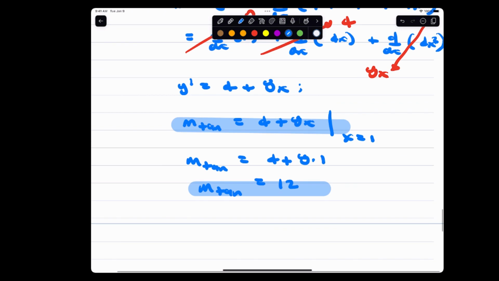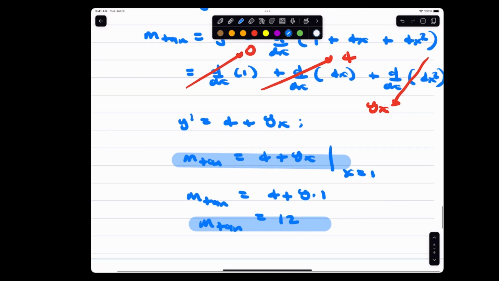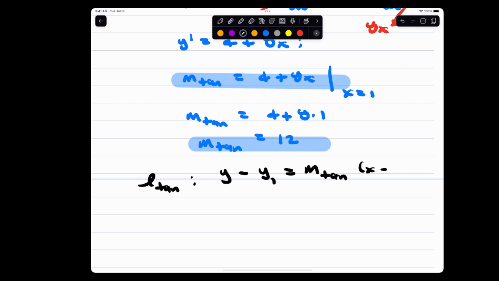So you guys see the reason why you had to do all your derivatives? Because now you're starting to use them. Now this is just the slope of the line tangent to the curve. How do you get the equation of the line tangent? This is our what? Tangent. Y minus y1 is m tangent x minus what? x1.